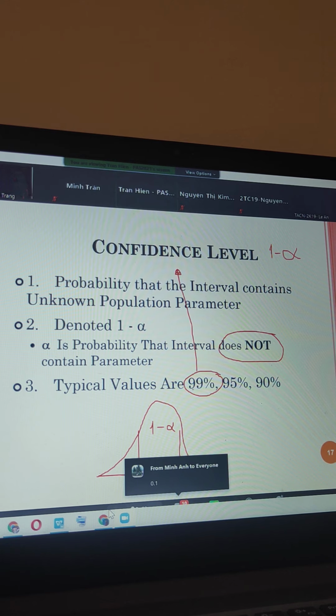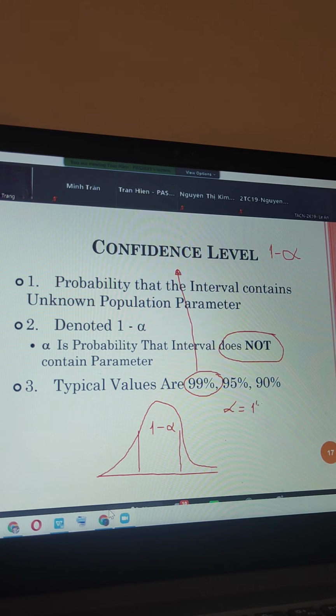But in that case, alpha equals 1%. So it means that the area on each side will be equal to 1% over 2, right? You have to divide this into two equal parts, right-hand side and left-hand side.